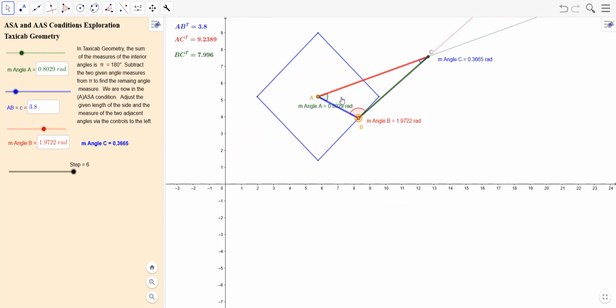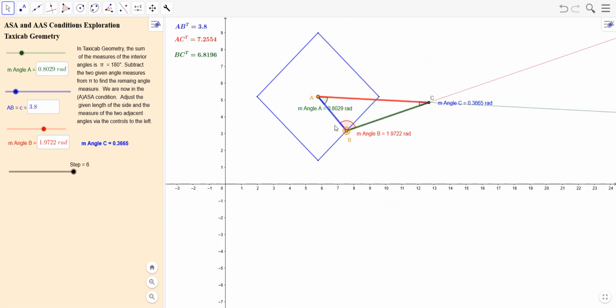So once again, even though taxicab triangles look like Euclidean triangles, when it comes to triangle congruence, taxicab is kind of in a spot by itself. It behaves very differently than the other three geometries.